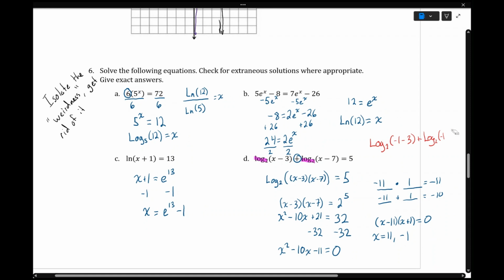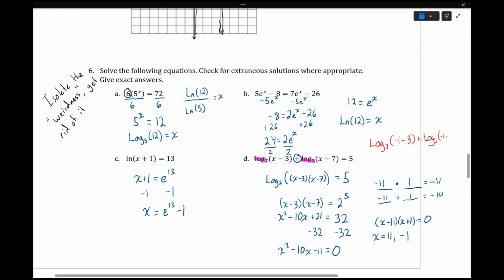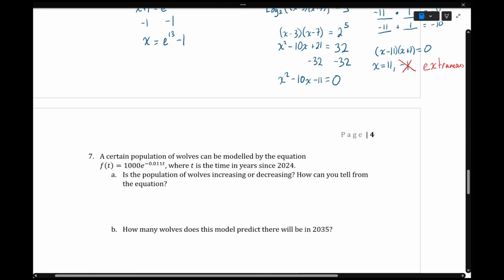Sorry, let me rewrite that. Negative 1 minus 7. Now this is an issue. We can't have negatives inside a logarithm. So this is an extraneous solution. Whoa, that was strange.